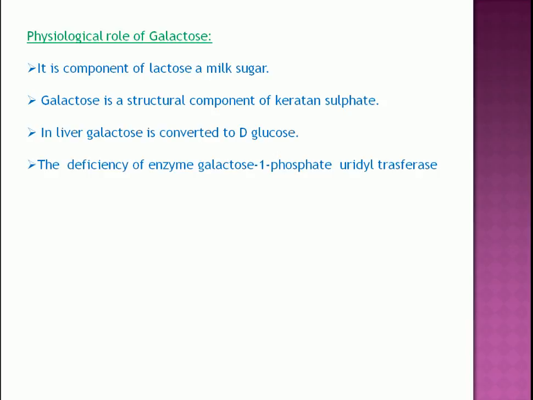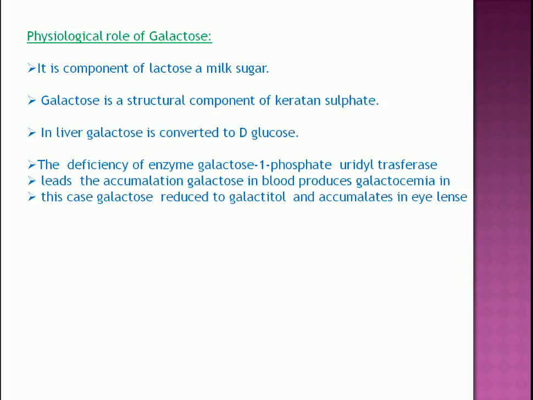The deficiency of the enzyme galactose 1-phosphate uridyl transferase, which is involved in galactose metabolism, leads to the accumulation of galactose in blood and produces galactosemia. In this case, galactose is reduced to galactitol, which accumulates in the eye lens and produces cataract. Not only cataract, in some cases we can observe liver failure and mental retardation also.